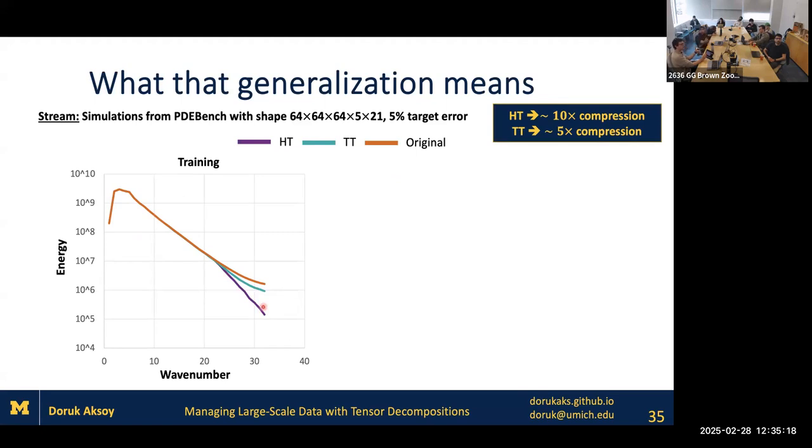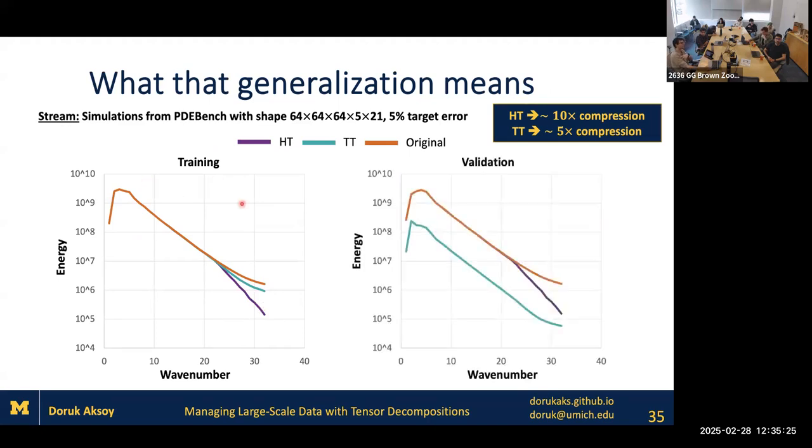It may look like the hierarchical Tucker one performs poorer at higher wave numbers on the training set, but as soon as you move on to the validation or test set that the algorithms haven't seen during training, we see that the hierarchical Tucker based dimensionality reduction actually maintains the structure of the data better than the tensor train counterpart. And while doing that, it is also achieving twice the compression of the tensor train based format.